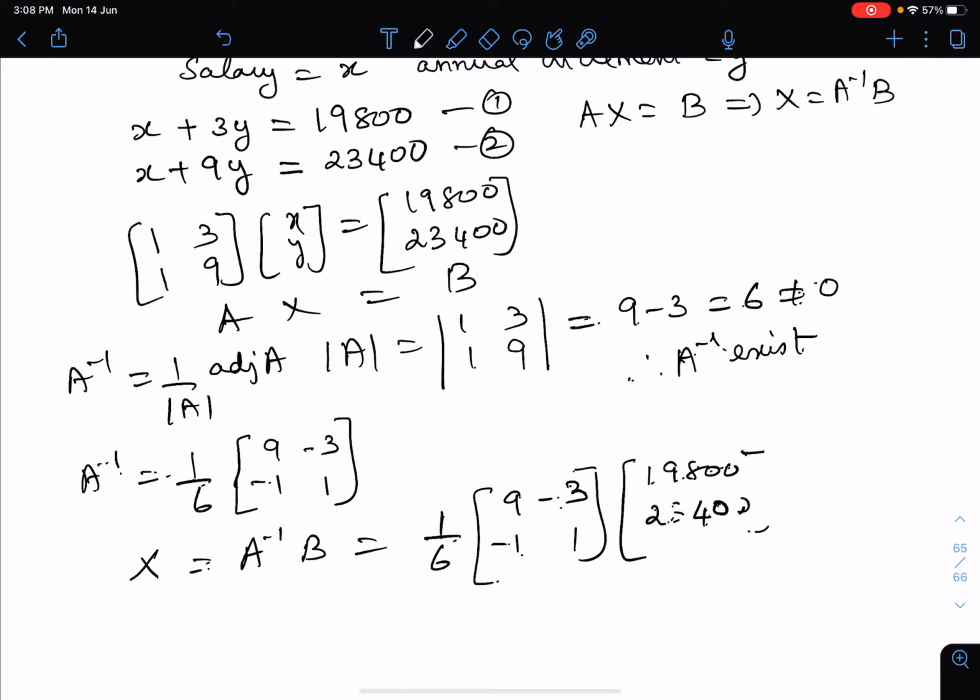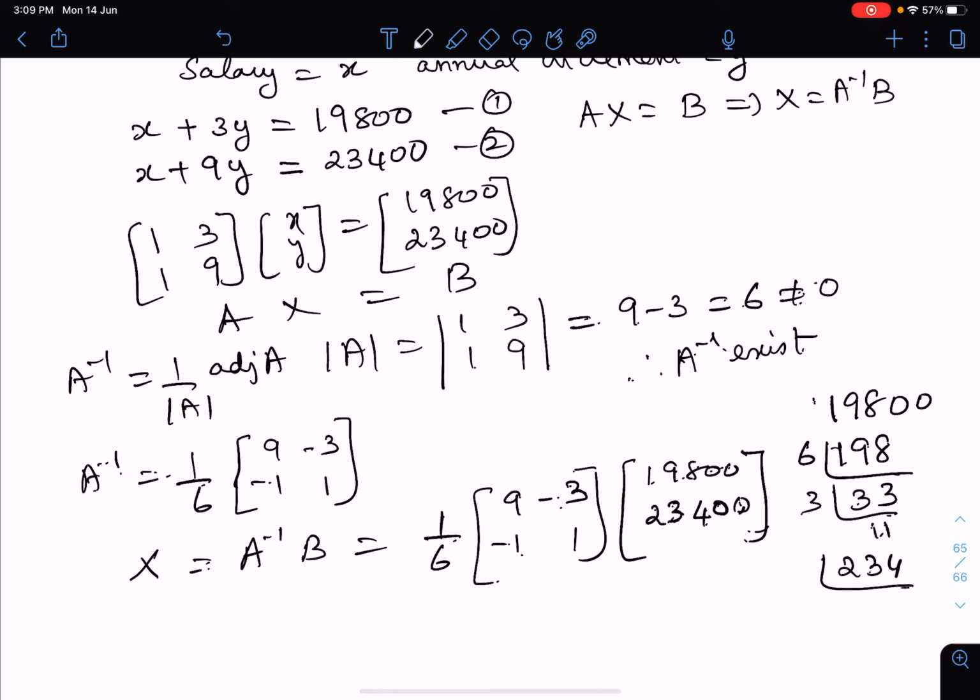Now here what you are going to do is reduce this 19,800 as well as 23,400. When you divide, you take out the two zeros. So you reduce your 198 alone by 6, because here you have got a 6. 6 3s are 18, 6 3s are 18, again by 3, 11. Similarly, 234 also you divide by 6. 6 3s are 18, 54, 39, again by 3 you get it as 1 and 3.